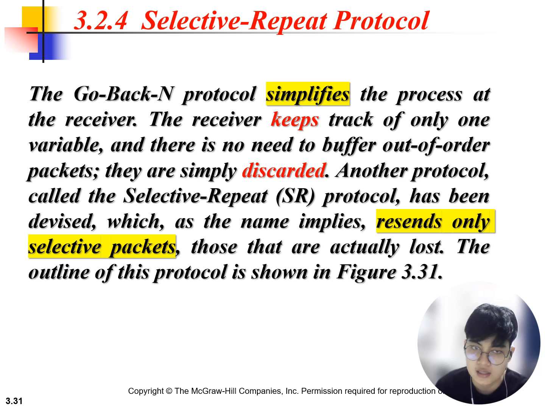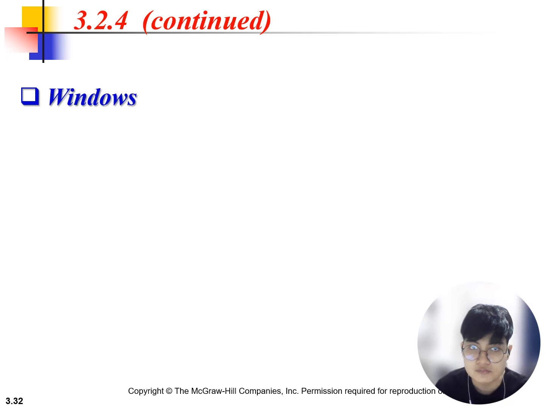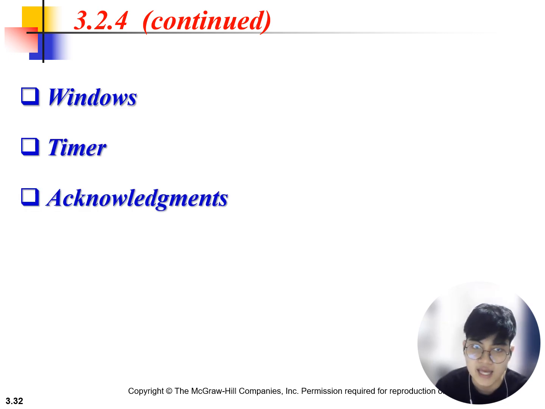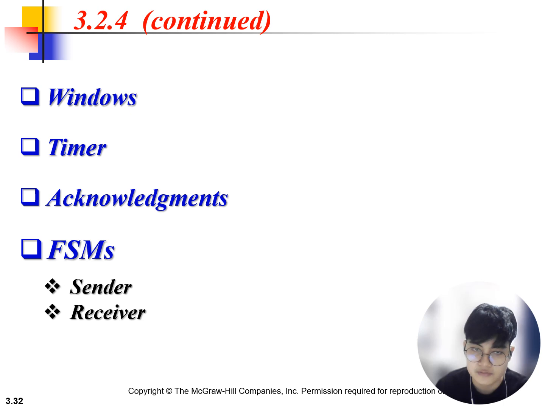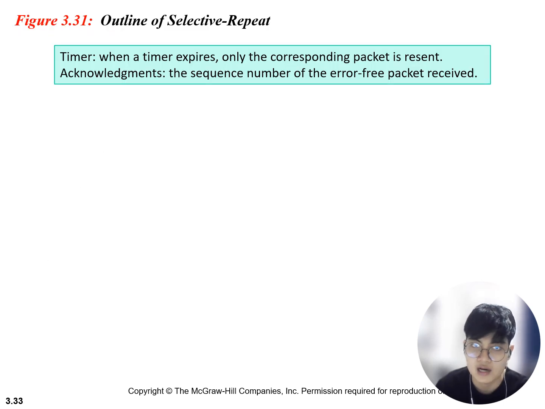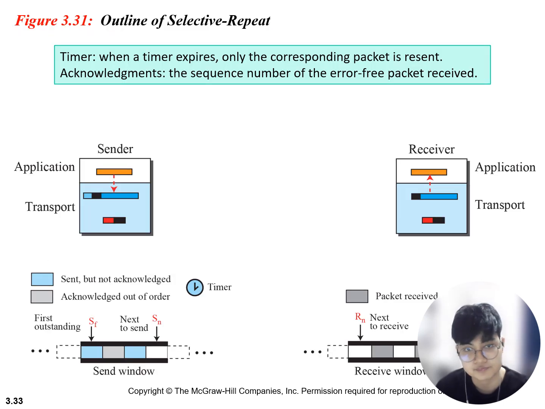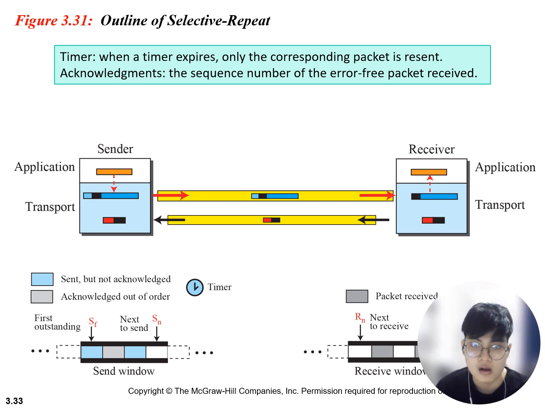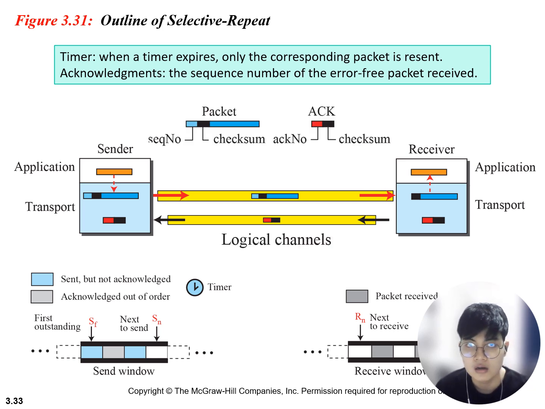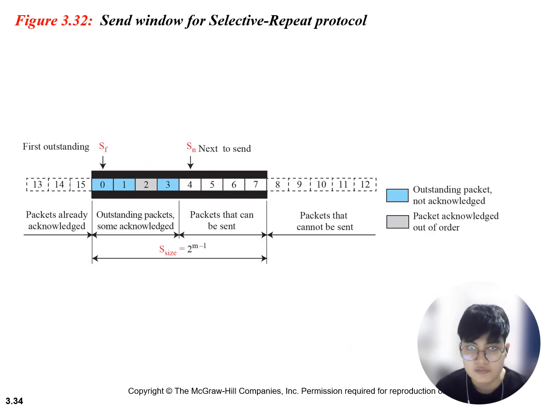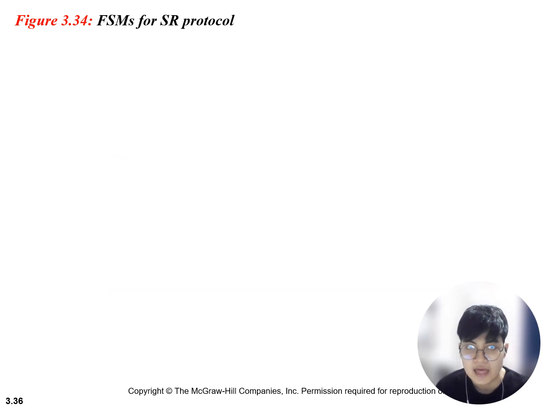The outline of this protocol is shown in Figure 3.31. Windows, timer, acknowledgement, FSMs. Sender and receiver outline of Selective Repeat. Send window for the Selective Repeat protocol. FSMs for the SR protocol.